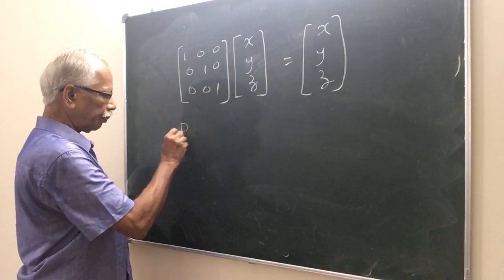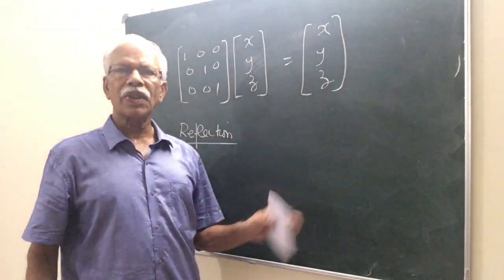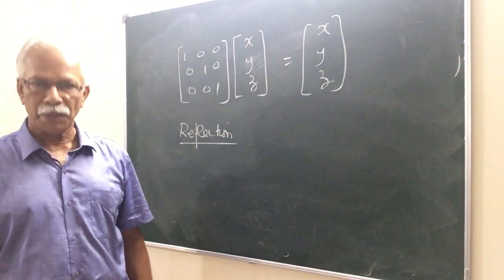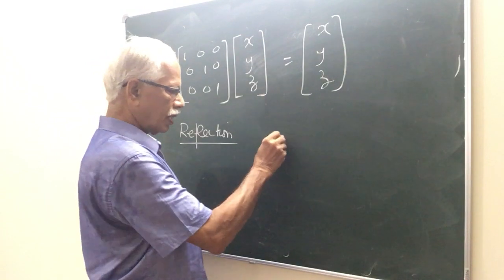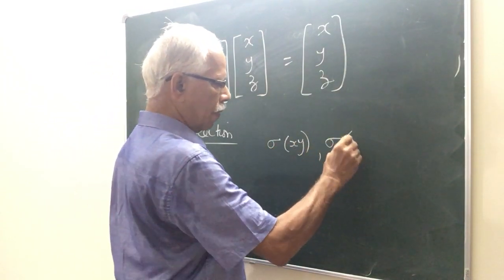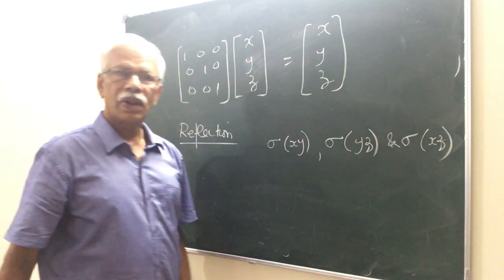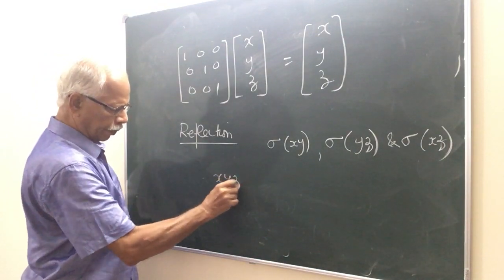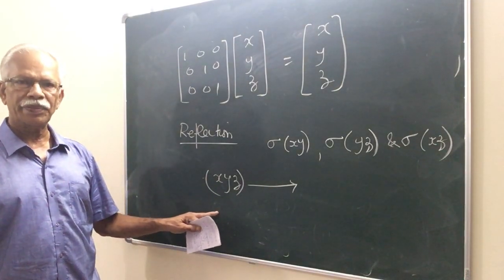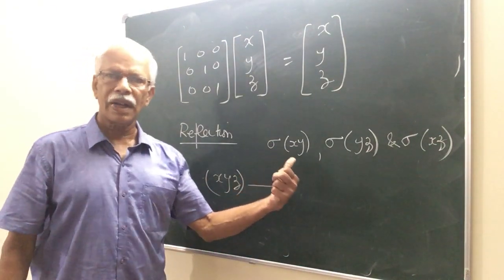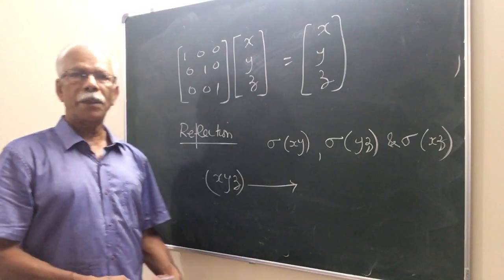Now reflection. Considering the reflecting plane as the principal Cartesian planes, we can denote the reflection operations by the notation sigma xy, sigma yz and sigma xz. We know the effect of doing the reflection on the coordinates of a point is to retain the coordinates already present in the plane but change the one that is not mentioned into its opposite sign.